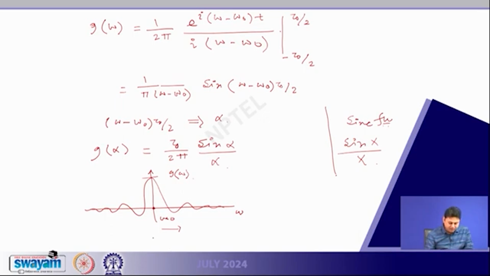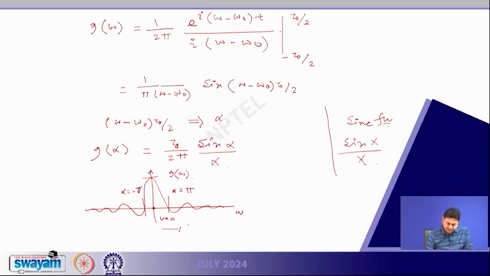Around omega 0 it should have a span. So let me find out what this value and this value are. This value is essentially at alpha equal to pi, and this value is alpha equal to minus pi.